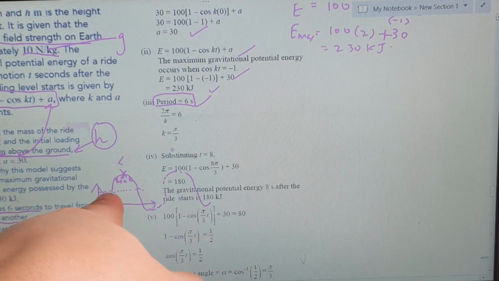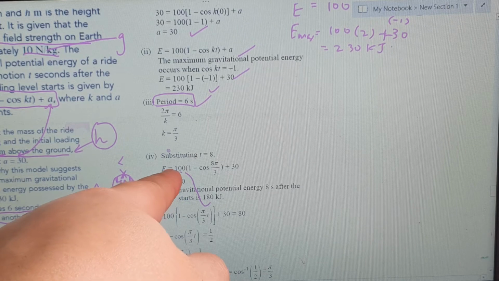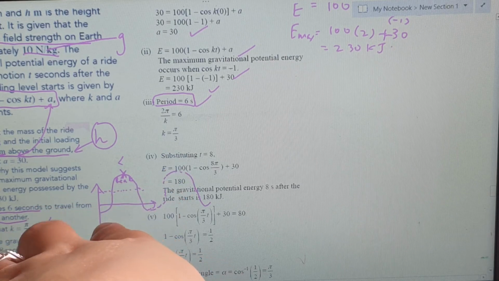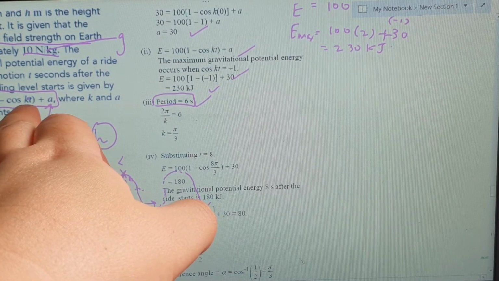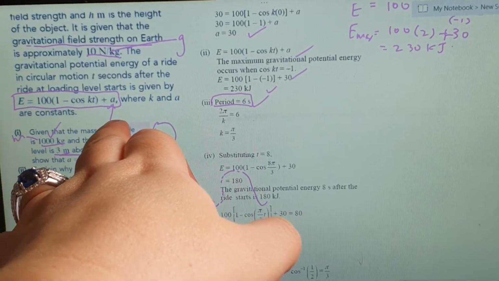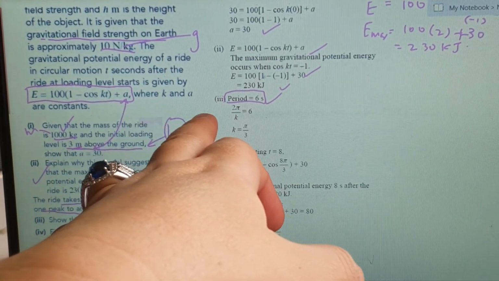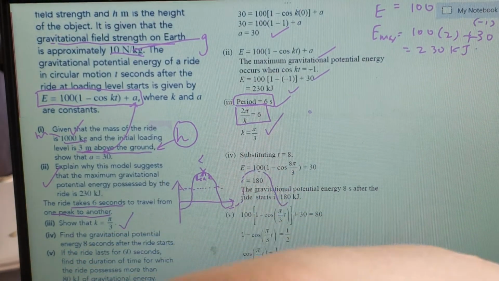That means it takes 6 seconds to make one full cycle. You see that? It takes 6 seconds to make one full cycle. And we see that this k is the number in front of the unknown t, right? Okay, so wait. So using this formula, you can find your k already. Okay?